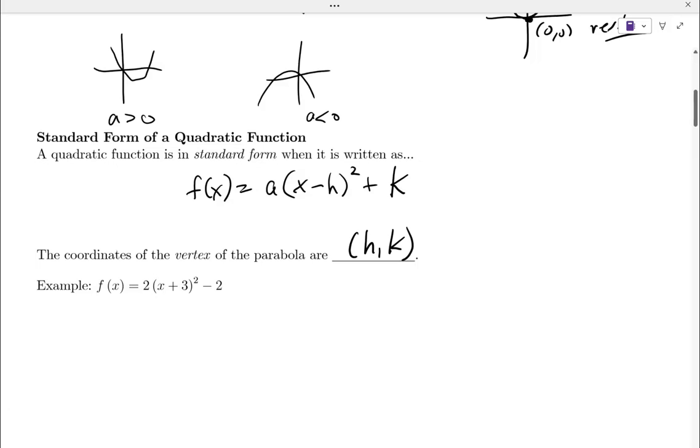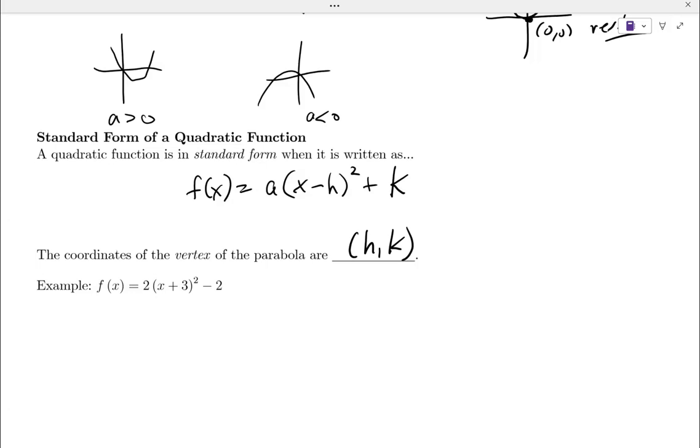So let's do this first example, and then we'll spend next time talking about how we put things in standard form. We'll have a couple of different ways to do that. We look at this example. This is already in standard form, so let's identify the numbers. This 2 is the a. Does that matter for the vertex? No. Let's do the k first.